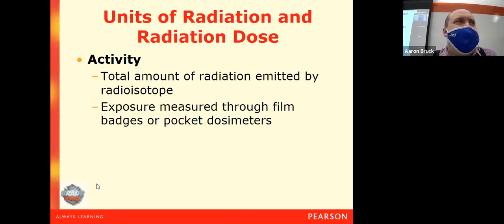If you've spent any kind of significant time in a hospital, either as a visitor or a patient or some combination of the two, you probably will recognize at least one of these badges or dosimeters, because pretty much every doctor, every custodian, everybody that works in a hospital carries something like this on their person at all times.